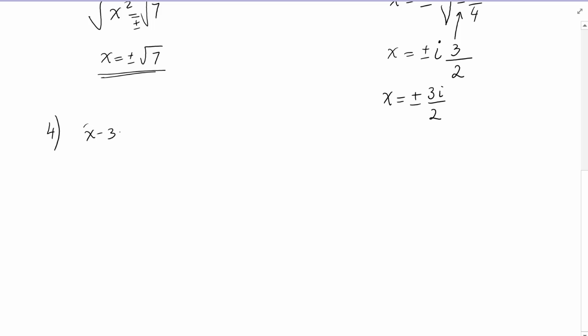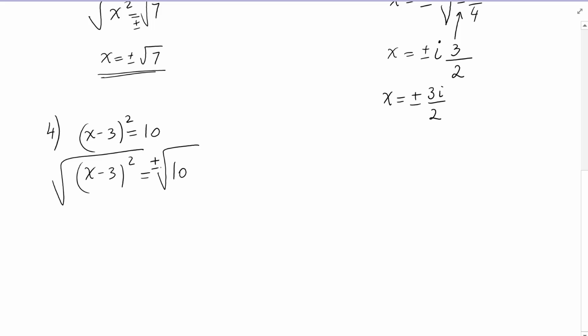x minus 3 squared equals 10. This one is not just x squared, it's a quantity squared. So I'm still going to apply the same thing that I did before. I just copied it again and left some room. I'm going to apply the square root to both sides. Keep in mind, in front of the root we have to put plus minus because there are 2 solutions going on there. So the square root cancels with the square, and we are left just with x minus 3 equals plus minus square root of 10.